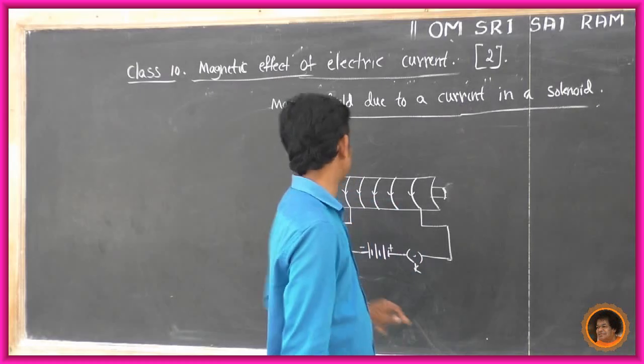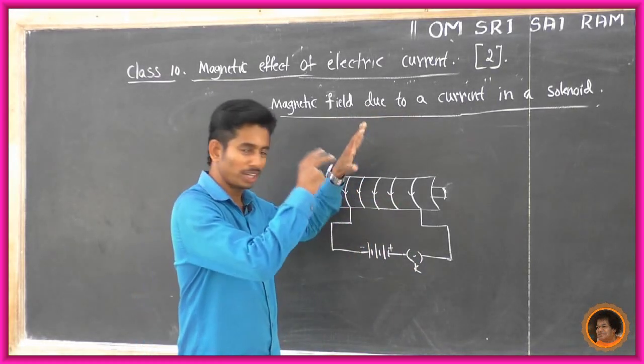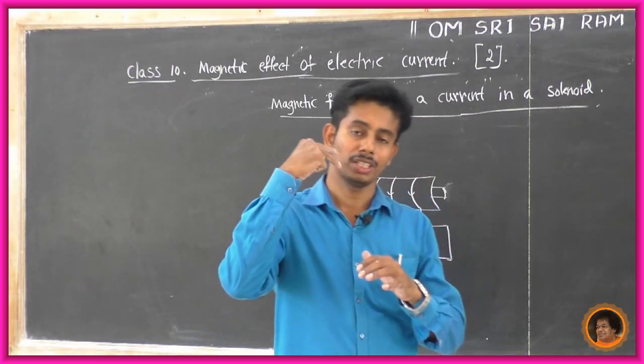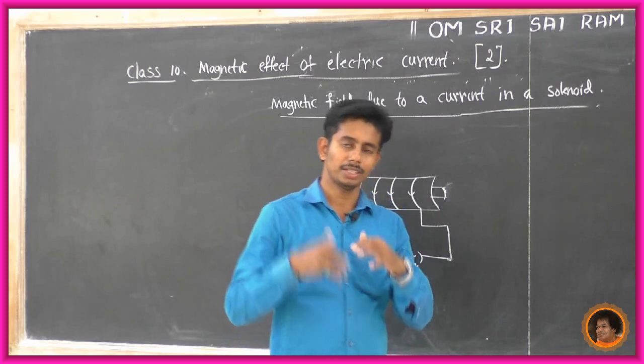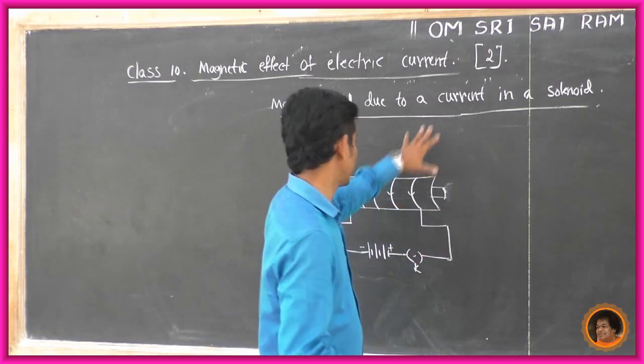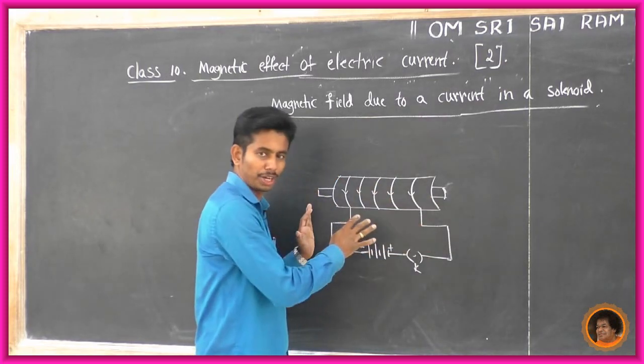The next concept is magnetic field due to a current in a solenoid. The solenoid is an idea about different circular loops where we are producing more magnetic field. What is a solenoid? This shows the solenoid structure.